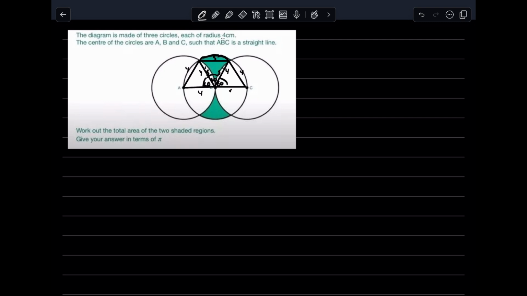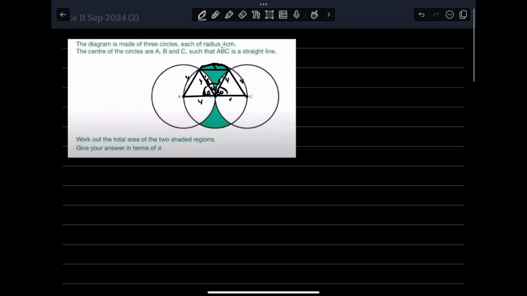Okay, so how do we actually calculate S? First of all, we need to calculate the area of the sector. Okay, so the formula for the area of a sector is pi r squared theta over 360. Theta equals 60 degrees, as we found out before.